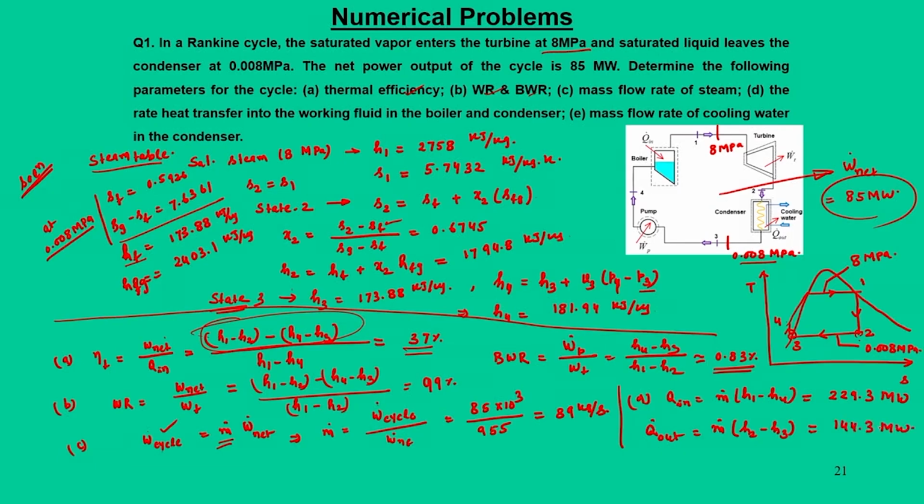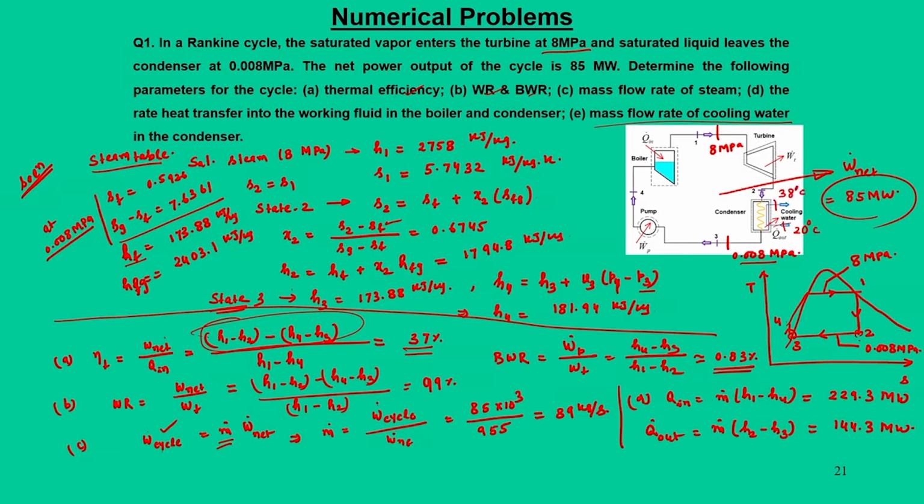And last part is cooling water. So, here what happens, this Q out which goes out of the condenser is taken away by this cooling water. So, we can make some assumption that at some temperature the cooling water enters and at some temperature it leaves. A tentative practical number could be, inlet temperature could be 20 degree centigrade, outlet temperature of this cooling water will be, let us say 38 degree centigrade.